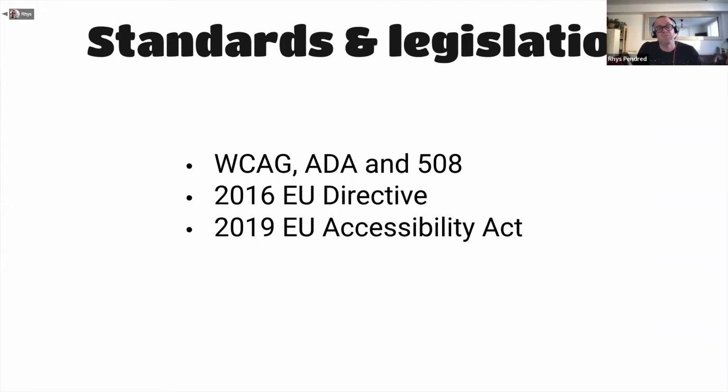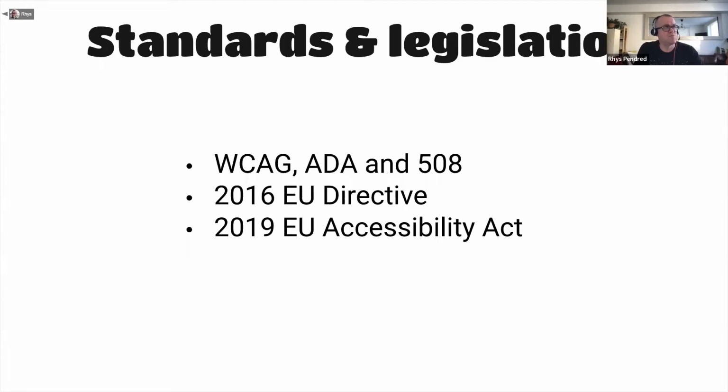Their first Web Content Accessibility Guidelines were published back in 1999. That was shortened to WCAG. You'll hear this term mentioned quite a lot, but that's the Web Content Accessibility Guidelines. WCAG 1, I think, was drafted in 1999, and this is a set of guidelines that set out how to make the web accessible.